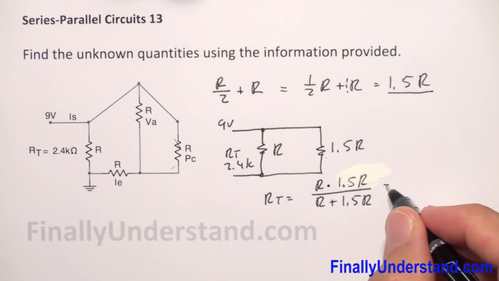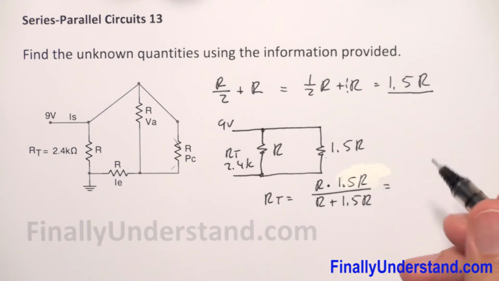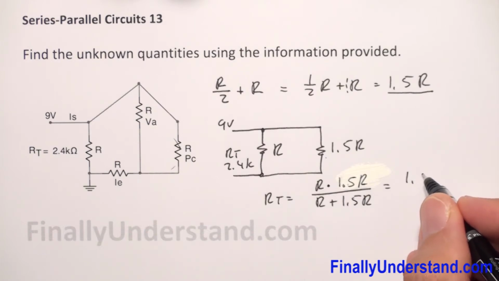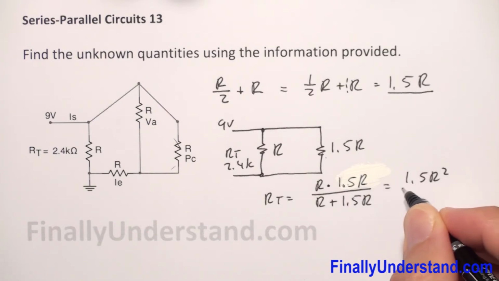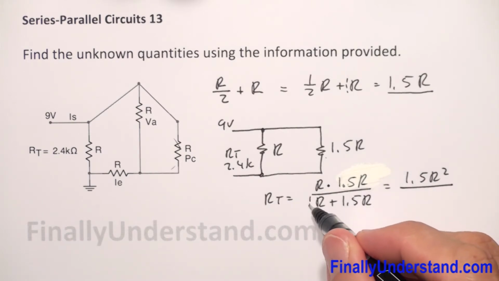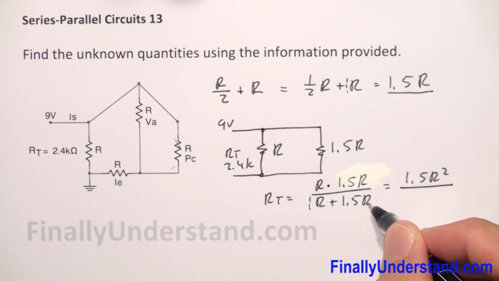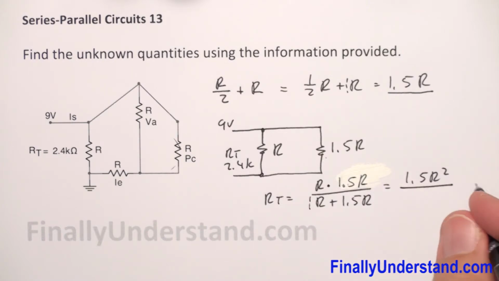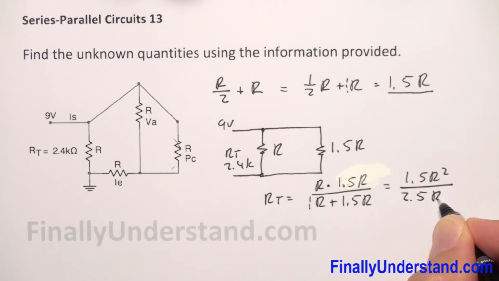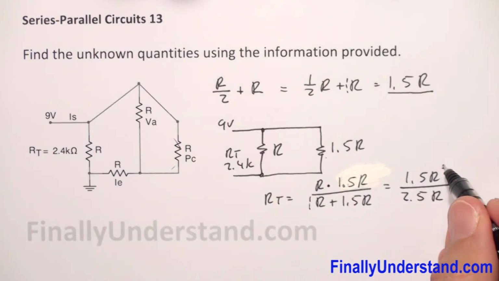So what I have over here, R times R gives me R squared. So I have 1.5 R squared. And R, like this is like invisible 1 over here, 1R plus 1.5 R, this is equal 2.5 R. So R squared and R will cancel out. So let's take a look what we'll get over here.